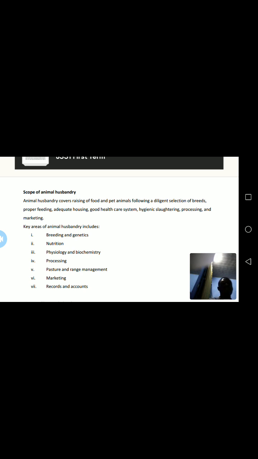Next one we have is marketing, that is the selling and distribution, because at the end of the day, a commercial farmer who rears animals will not keep them in his farm. He will have to go out there and market. How do we market? He may take them to the market to sell, or he may put them up online and say for sale. People will come and buy. That's marketing. Or you may call your friends or loved ones, those that you know, that you have animals, or you put an advert outside of your house or your farm, saying you have broilers for sale.